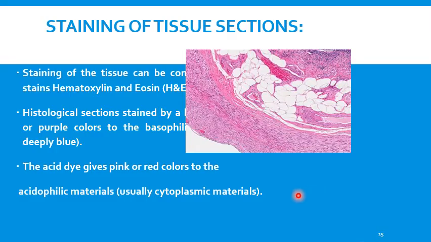Which part of the cell is stained with acidic stain? Eosin. Usually the cytoplasmic material is stained with the acid stain, eosin, and gives a pink or red color to the cytoplasm.